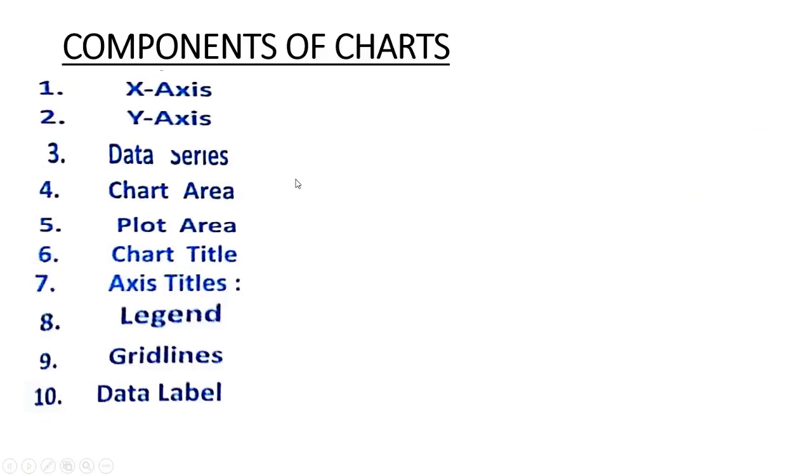So what are the components of charts? First is x-axis, second is y-axis, then data series, chart area, plot area, chart title, axis titles, legend, grid lines, data level. First we will see x-axis.